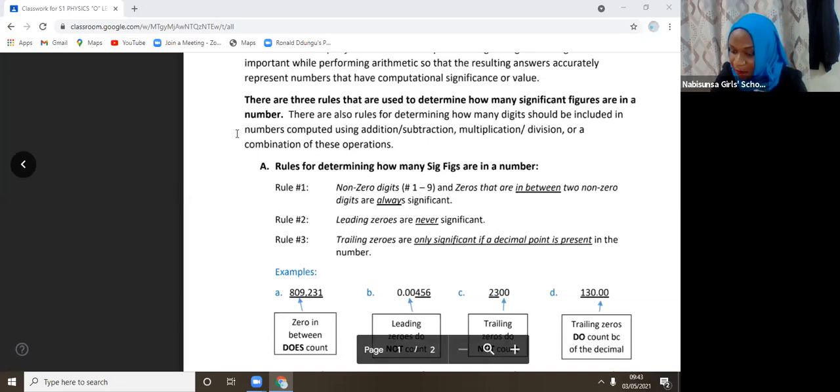To check and see if people have understood, we should look at the examples they gave us on the screen. I want to put my own examples here and check to see if people have understood. I have a number.